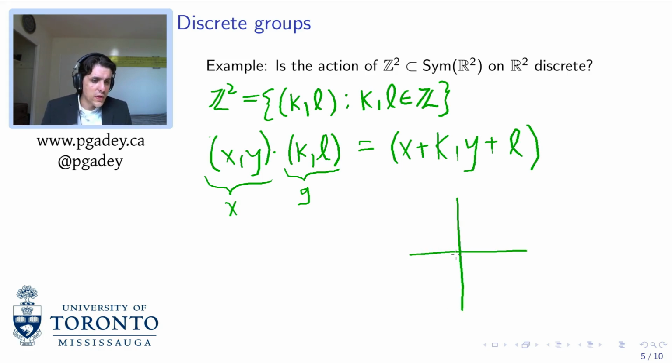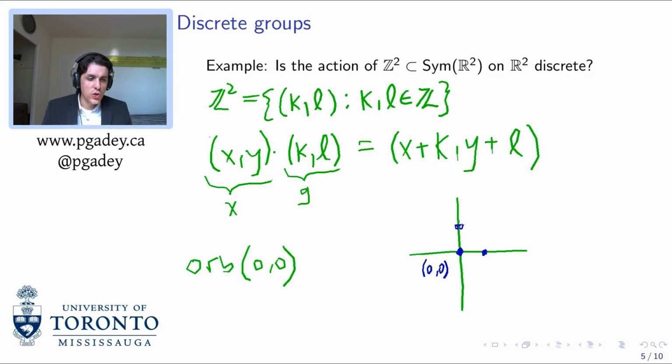And if we imagine what this does to, say, the origin, we've got the origin here. If we look at the orbit under this group action of the origin, we want to look at all of the places that Z squared sends it.